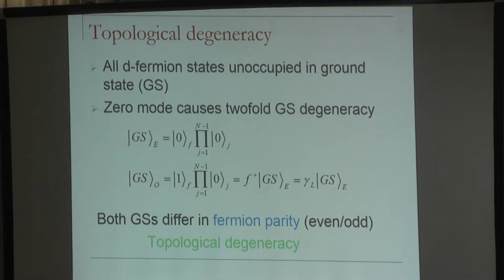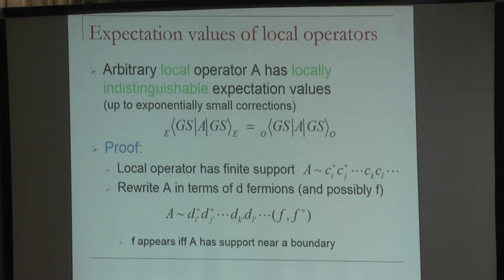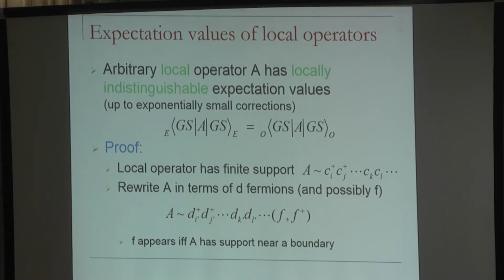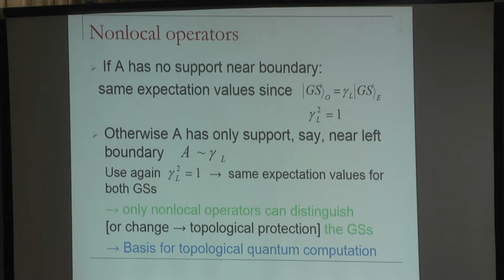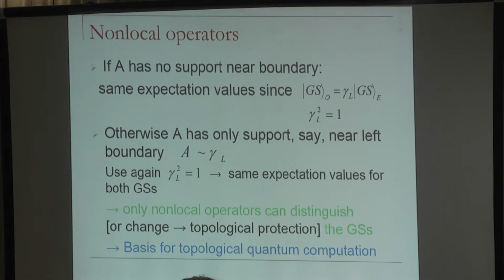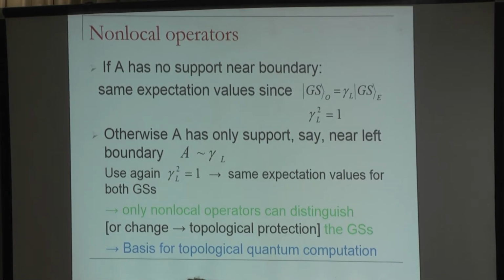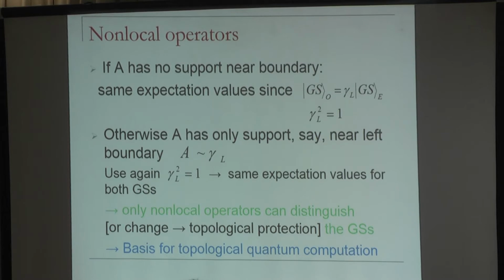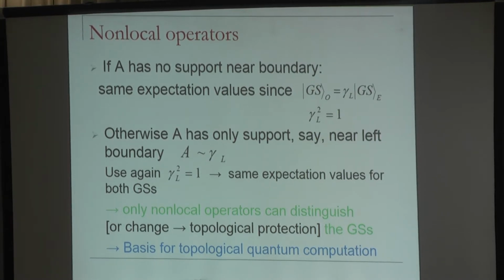So the different fermion parity states, as we saw, cannot be connected by local operators. That also means that we have a topological protection. Only non-local operators can really change between these two parity ground states, and that's one of the ingredients for schemes that are called topological quantum computation.